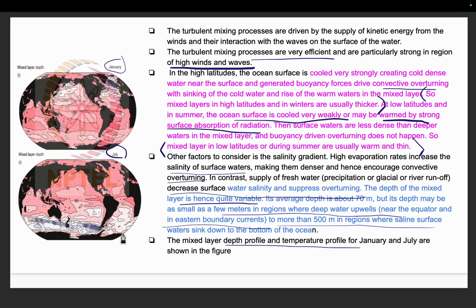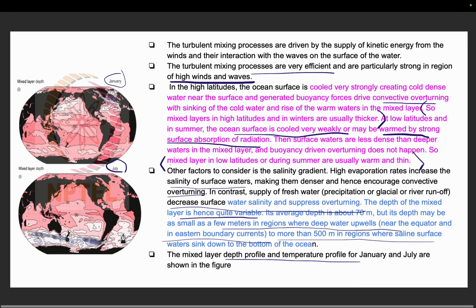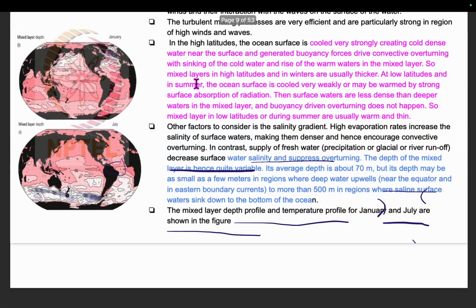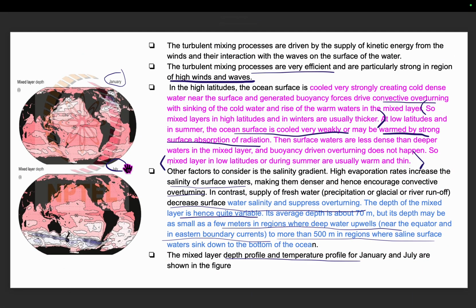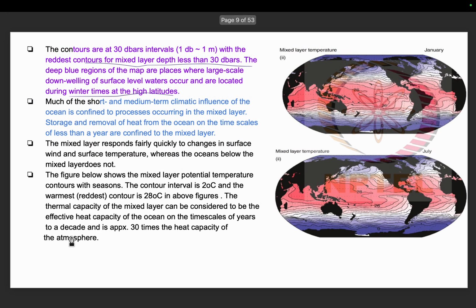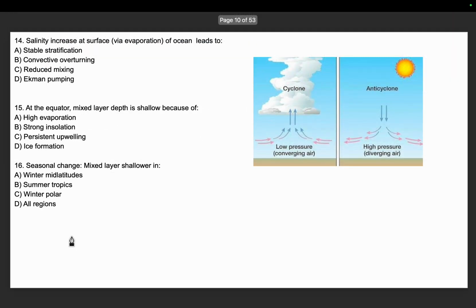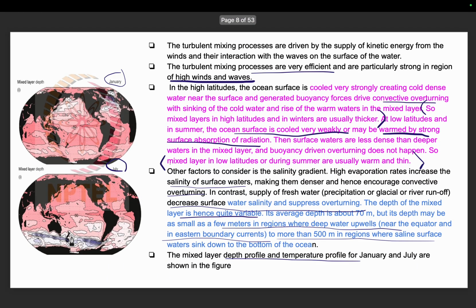This is the map for the mixed layer depth. You can see that where large scale downwelling occurs, those places have been shown in blue color, and the downwelling of surface water occurs in the southern hemisphere.